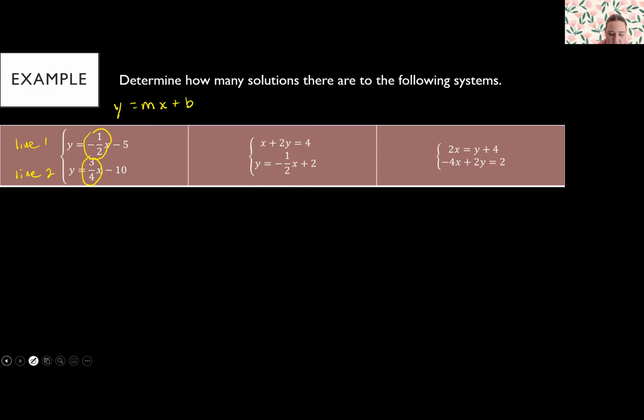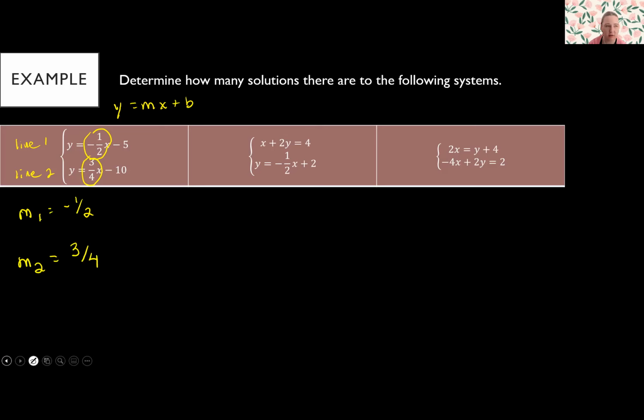When you're in slope-intercept form, you're just reading the equations here. So our first slope, for line 1, is -1/2. Our second slope, for line 2, is 3/4.